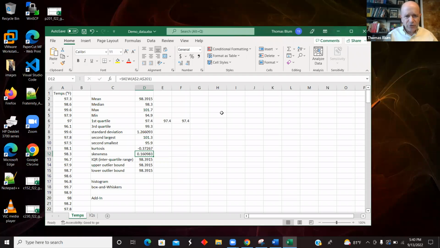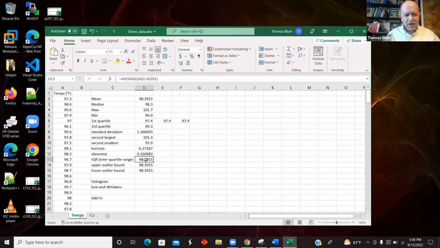That's what skewness measures. Again, if it's a perfectly normal distribution, the skewness by Excel's definition would be 0. That's the usual definition of skewness, whereas kurtosis has variable definitions depending on where you look, but Excel's definition is designed to be 0 for the normal distribution.